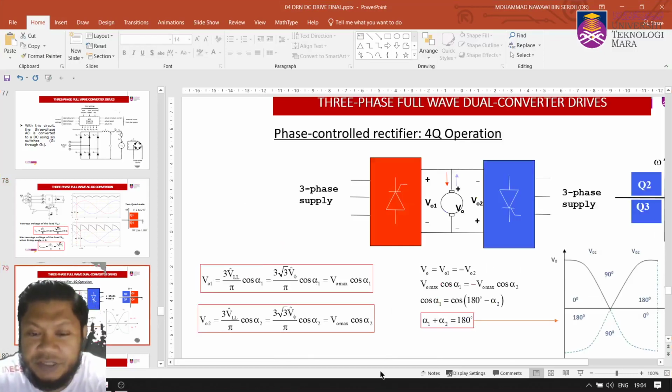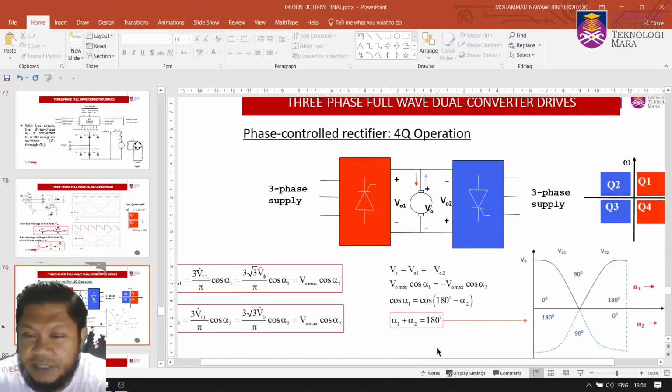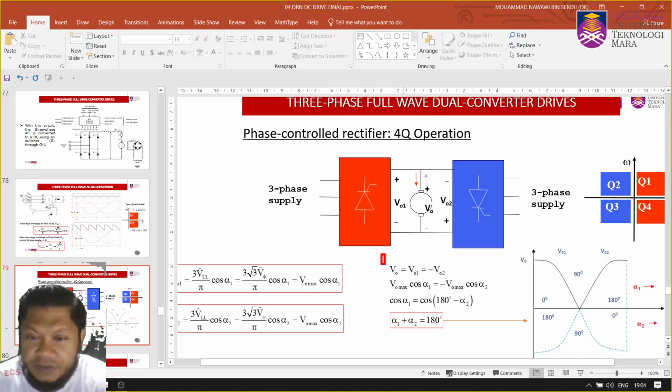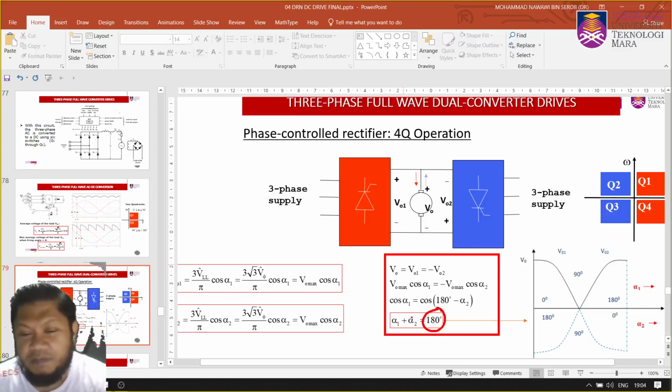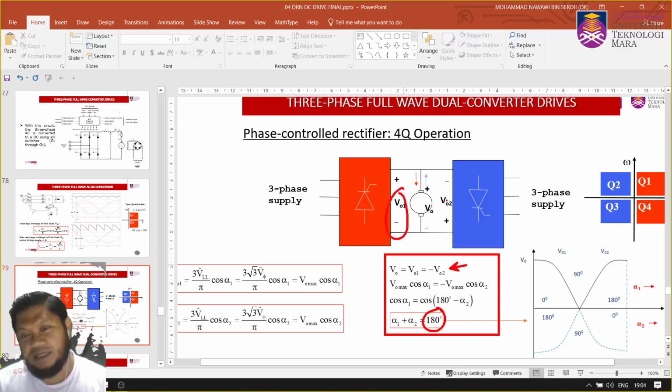Okay, that's the equation. Now for dual converter operation, right? We have this, I've shown you just now. This is where you have the condition of alpha 1 plus alpha 2 equals 180 degree. You always have alpha 1 plus alpha 2 equals 180 degree. This comes from the condition here: V out equals V out 1, but it equals negative V out 2.